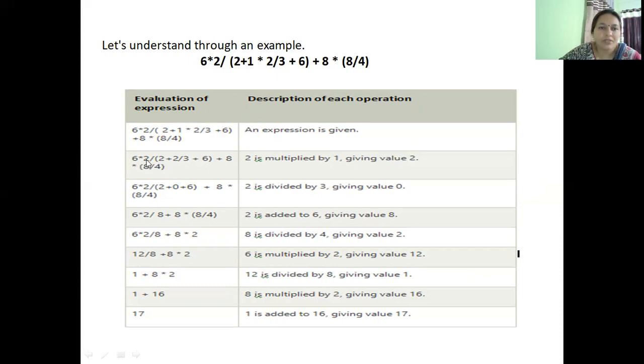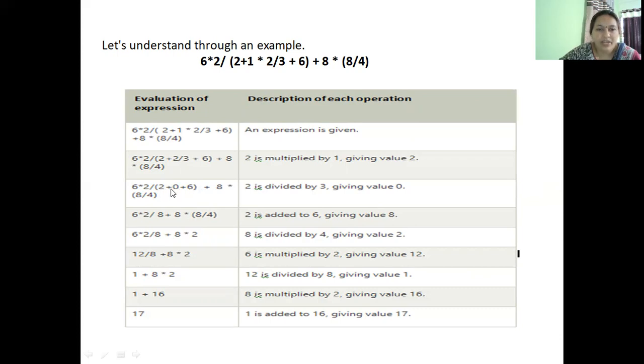Now the expression becomes, inside the bracket, 2 + 2 / 3 + 6. Next in this bracket, division has to be performed. So 2 divided by 3 is 0 point something. Since we are dealing with integers, that point something will be ignored and 0 will be retained as the answer. So after division, this bracket will now contain 2 + 0 + 6.